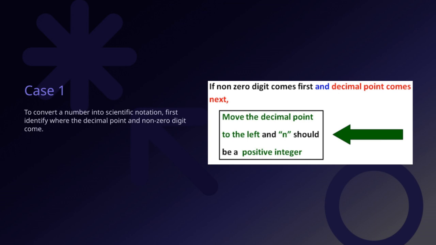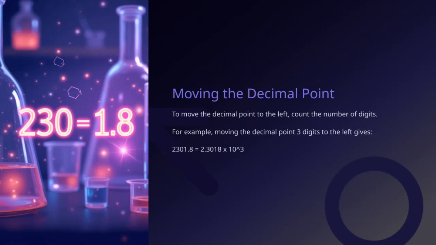Since we're moving the decimal to the right, the exponent will be negative, indicating a small number. So, for 0.0045, the scientific notation becomes 4.5 times 10 to the power of negative 3. This way, we've transformed the number into a neat, standardized format that makes it easier to work with, especially in scientific and mathematical contexts.